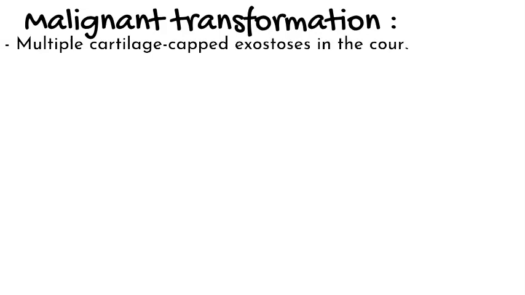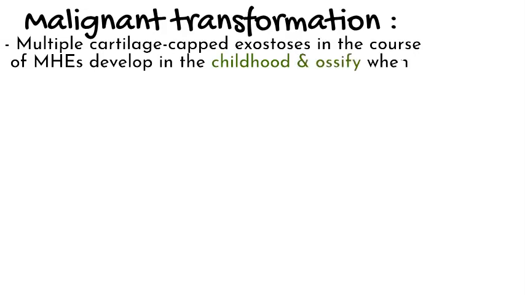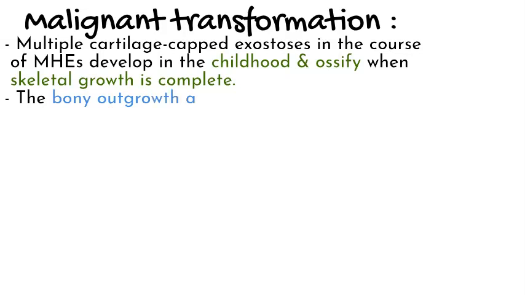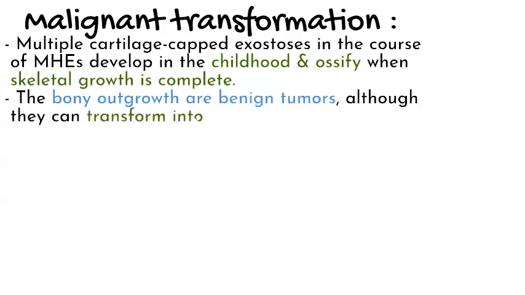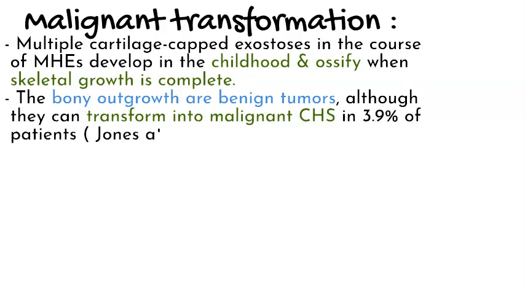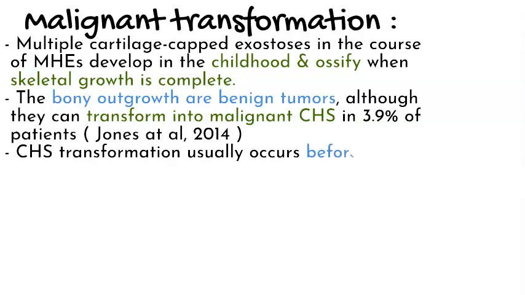For malignant transformation, multiple cartilage-capped exostosis in the course of MHEs develop in childhood and ossify when skeletal growth is complete. The bony outgrowths are benign tumors, although they can transform into malignant chondrosarcoma in around 3.9% of patients, by Jones et al., 2014.